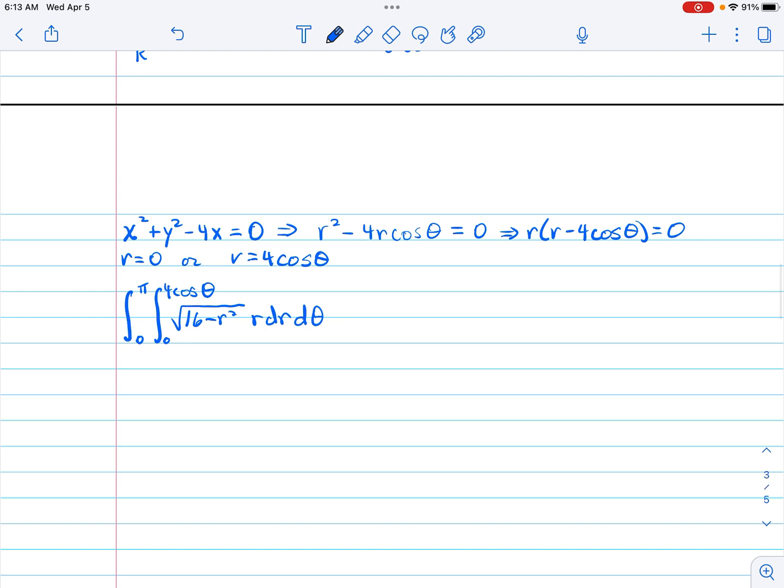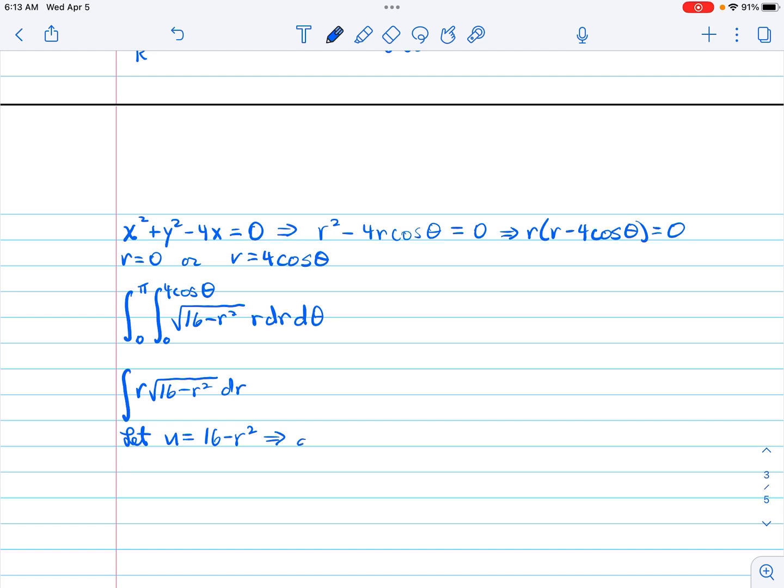So I'm going to start off by just looking at this one. What if we've got r times the square root of 16 minus r squared dr? I'm just taking that integral out and finding the antiderivative of this inside. Well, one of the ways we could do this is to let u equal 16 minus r squared.